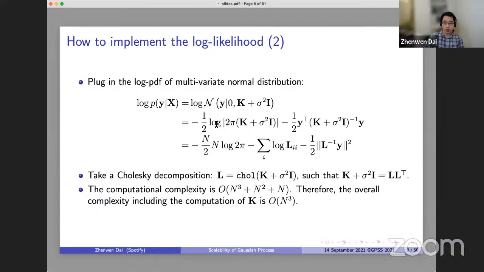First is the log determinant of the covariance, 2 pi the covariance to be precise. The second term is a quadratic form, y transpose, the covariance matrix inverse, and y.